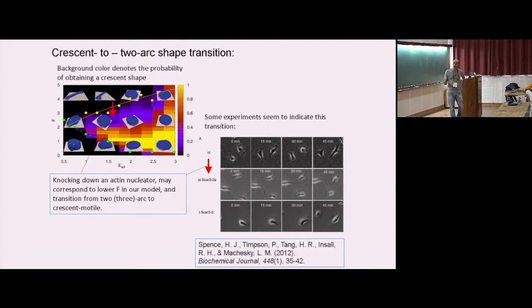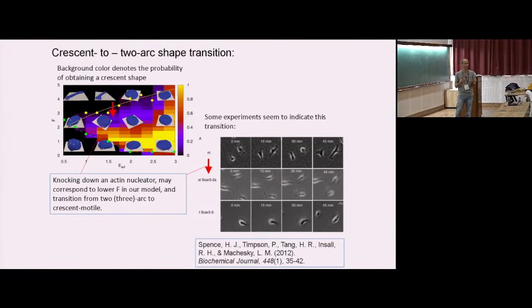You see that, in fact, if the force is reduced, an object which was not motile, was not polarized, and was in the two-arc shape, actually becomes more crescent-like, more motile and more polarized as you reduce the force, which is a little bit counterintuitive, because in the case of cells, that would be like reducing the amount of actin polymerization and actually increasing the likelihood that the cell will begin to move.